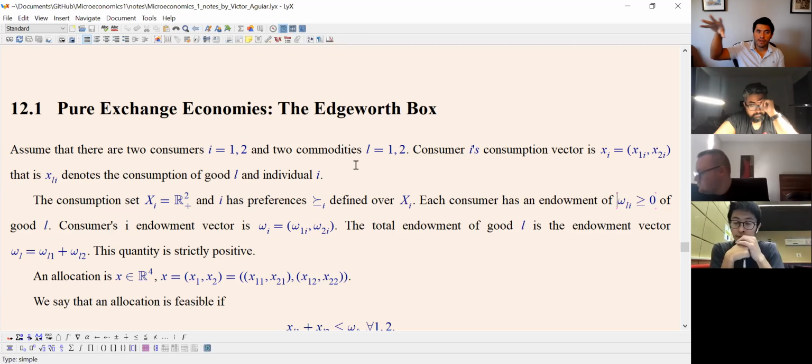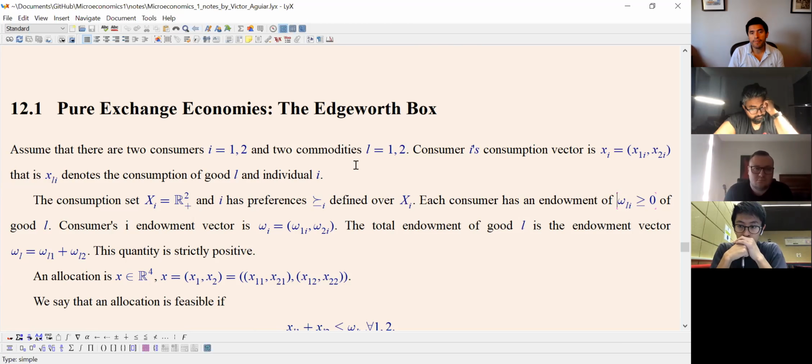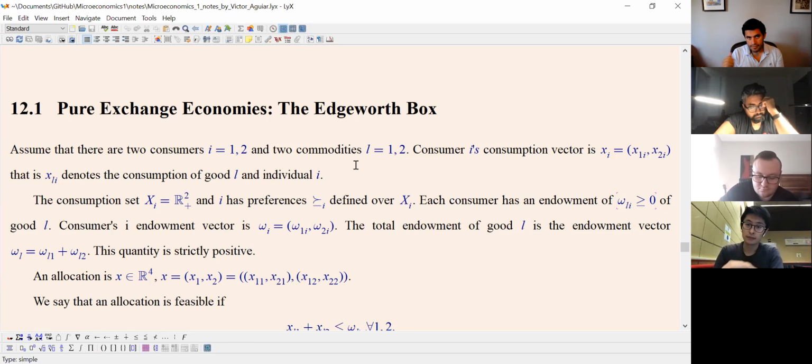I create the total endowments in the economy to be 10 apples and 10 oranges, okay? So that's total endowments: 10 apples, 10 oranges, two goods. Then I'm going to give 3 apples to student 1 and 7 apples to student 2. And then the opposite for oranges, right? So 7 oranges for student 1 and 3 oranges to student 2.